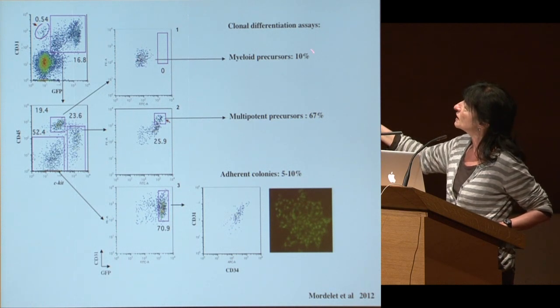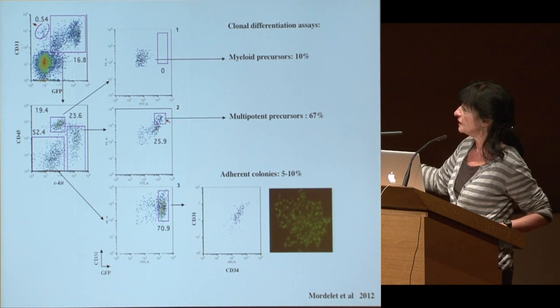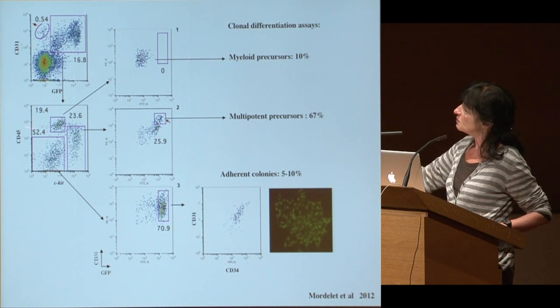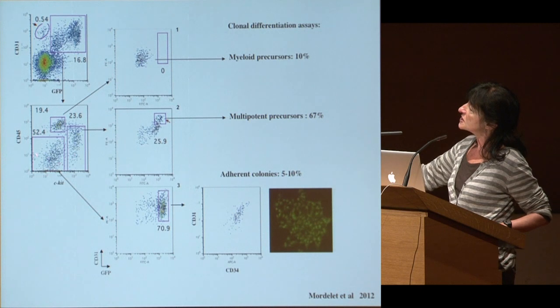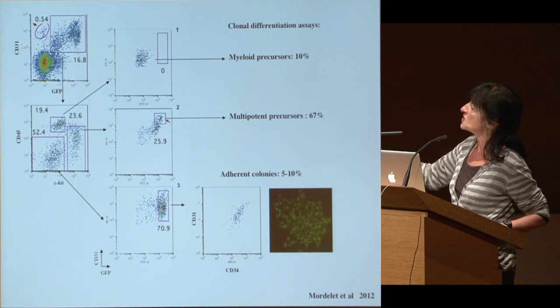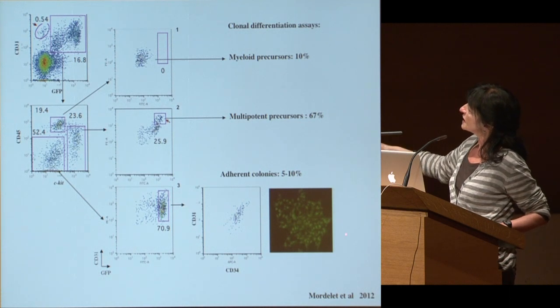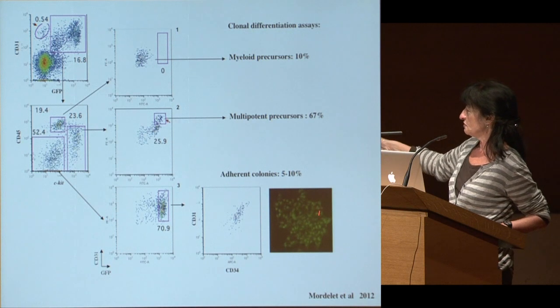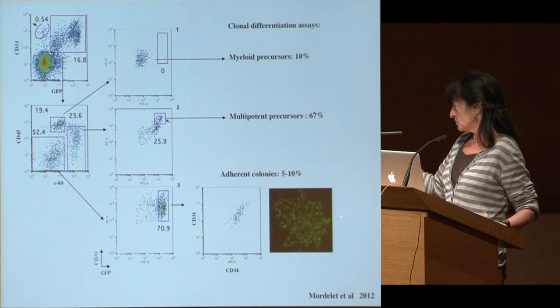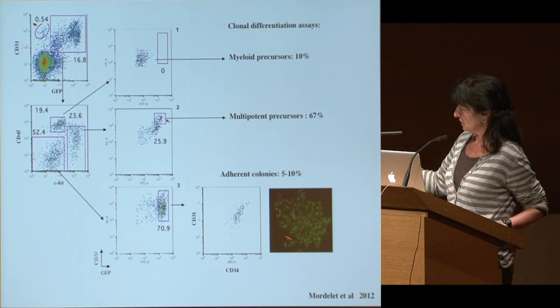They are mostly myeloid cells coming out of the yolk sac. The double negative fraction actually contains mostly very highly GFP positive cells. Those cells also express CD34. We can actually grow them in colonies if you add in VEGF. Those are typical morphology of endothelial cells.